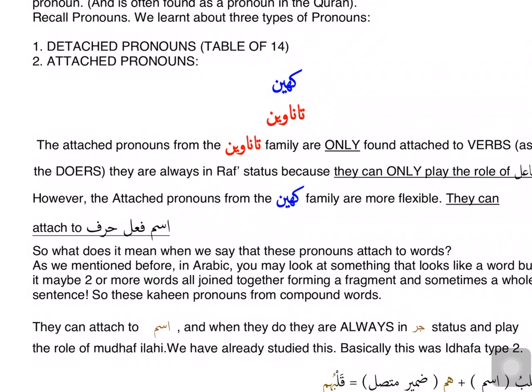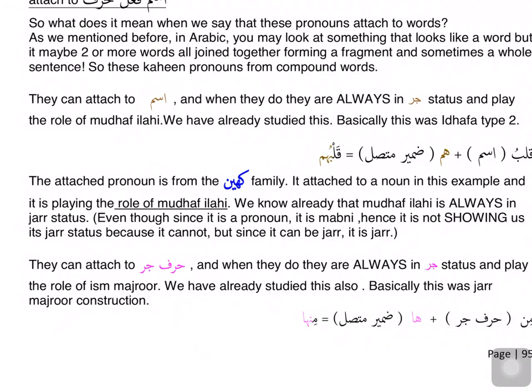These kaheen pronouns can attach to four things. They can attach to an ism. Whenever you see any member of the kaheen pronouns, you have to look at the word before that. If it is a noun, then this kaheen pronoun is a mudaf ilayh. It's in jar status.